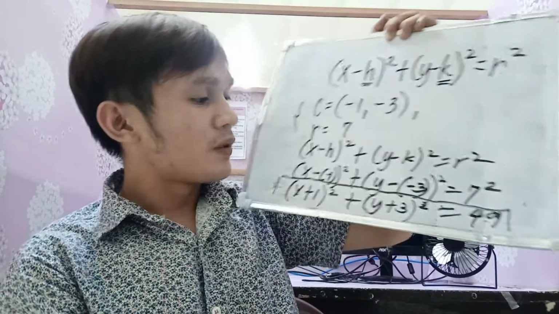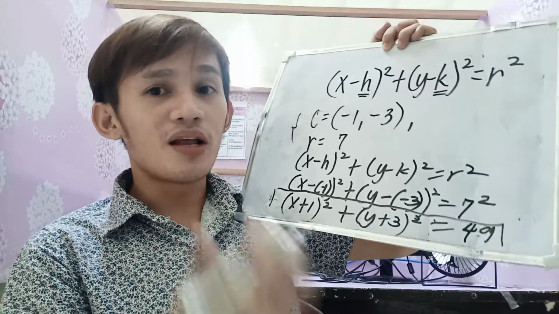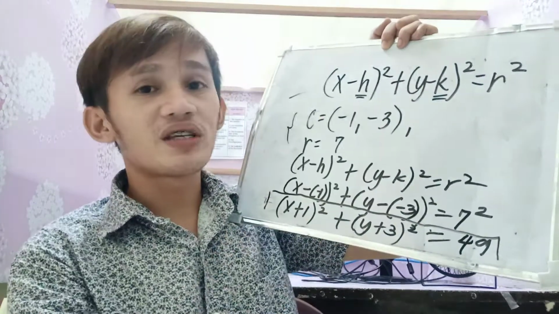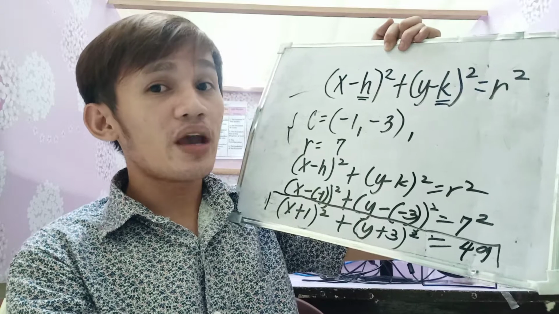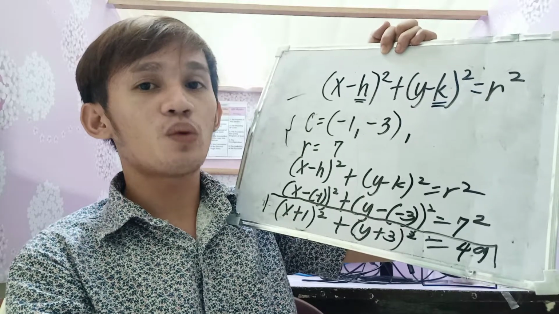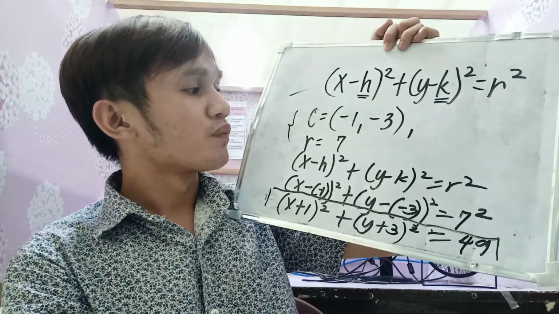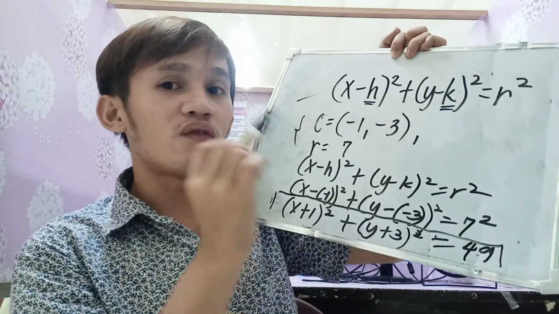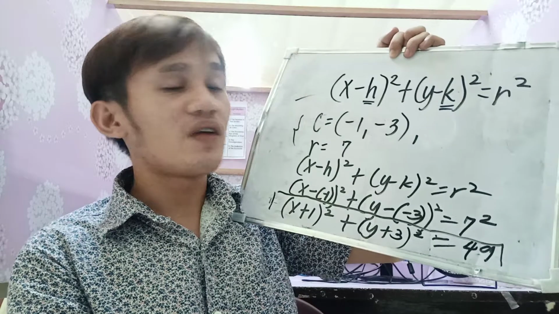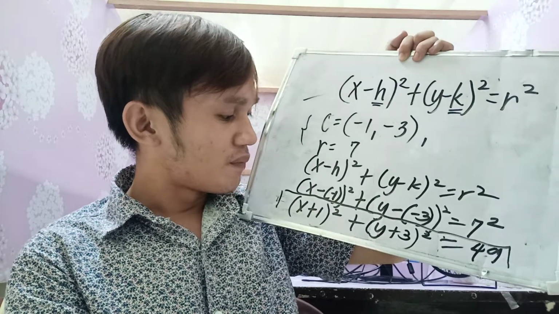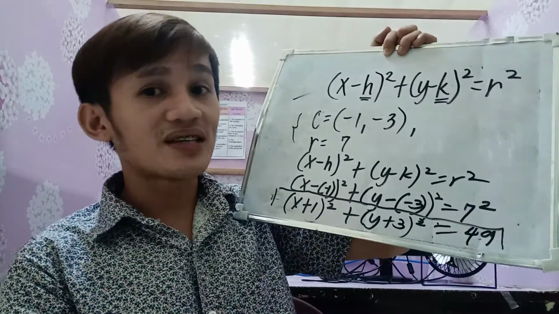So just be familiar with the formula, which is (x − h)² plus the quantity of (y − k)² is equal to r². And make sure to substitute the given center and then the given radius, and be aware of the given signs.